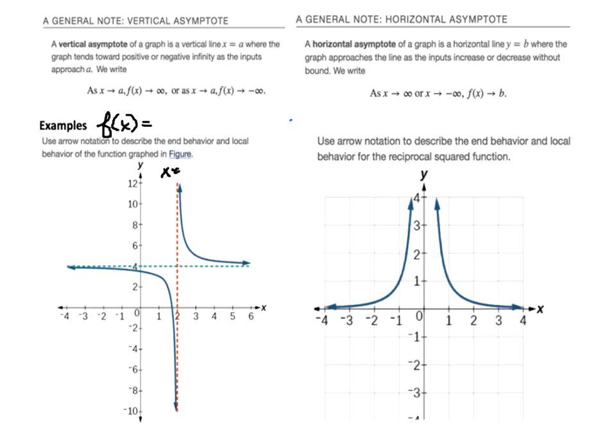However, we have been shifted from having the x-axis and the y-axis as our asymptotes to having a vertical asymptote at x equals 2 and a horizontal asymptote at y equals 4.